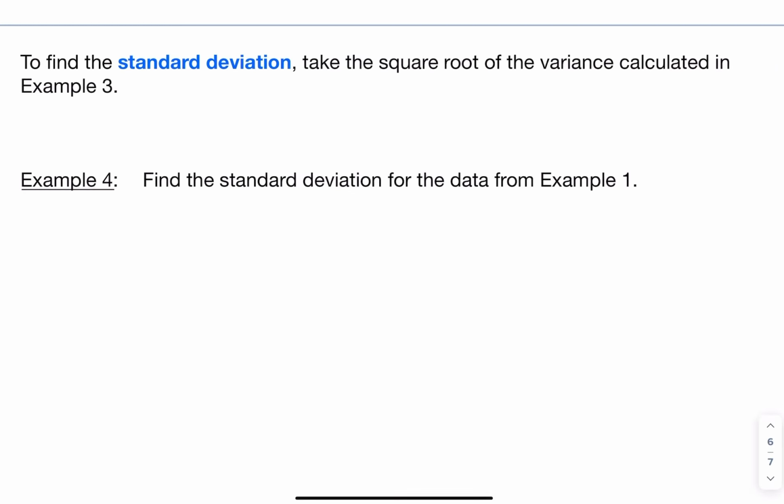We then move to what's called the standard deviation. And the standard deviation is really equal to the square root of the variance, okay? So we're moving it back to the unit measure. As I said earlier, if we have inches squared, variance is inches squared, but we want it to be inches, so we're going to take the square root of inches squared, and we end up with inches, okay?